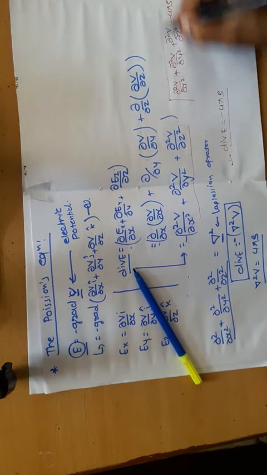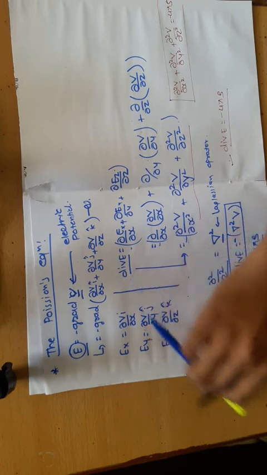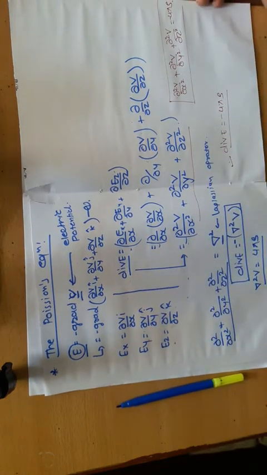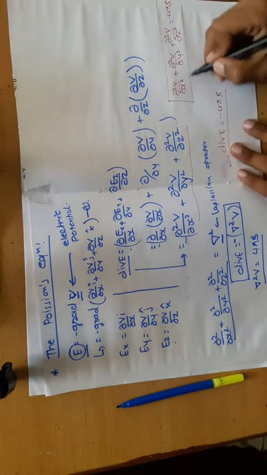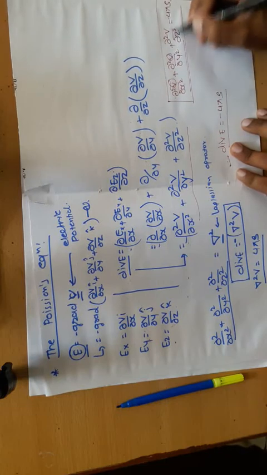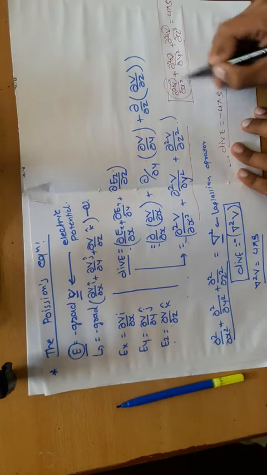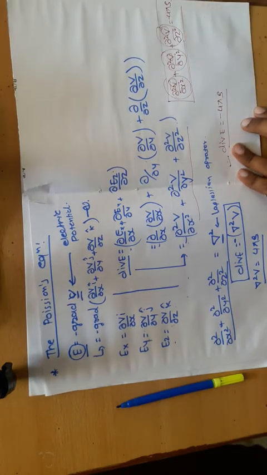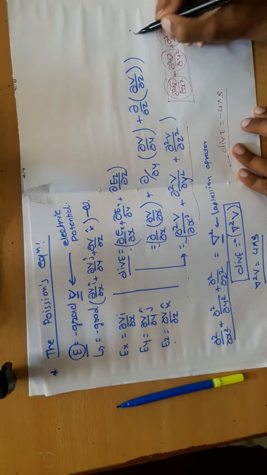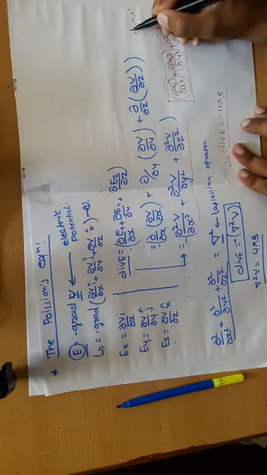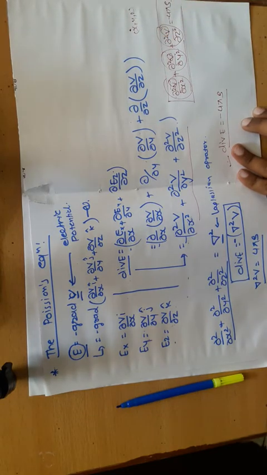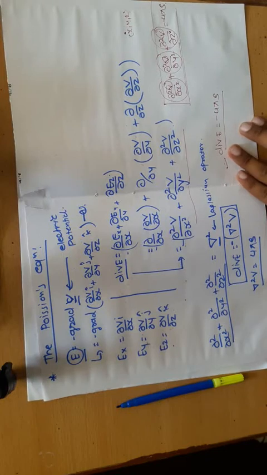So from this equation I can say that one can determine the value of the electric potential by summing the contribution of each component. It means I have a point x, y, z, and there will be a certain value of electric potential.